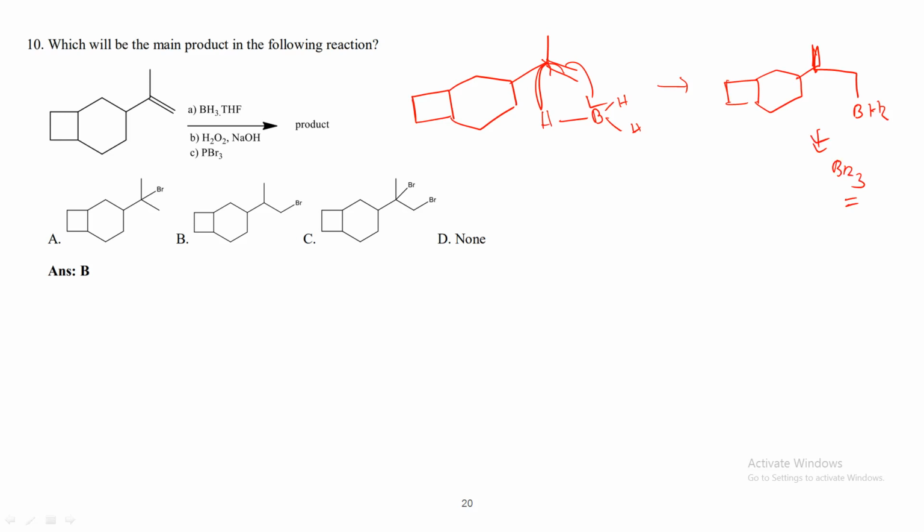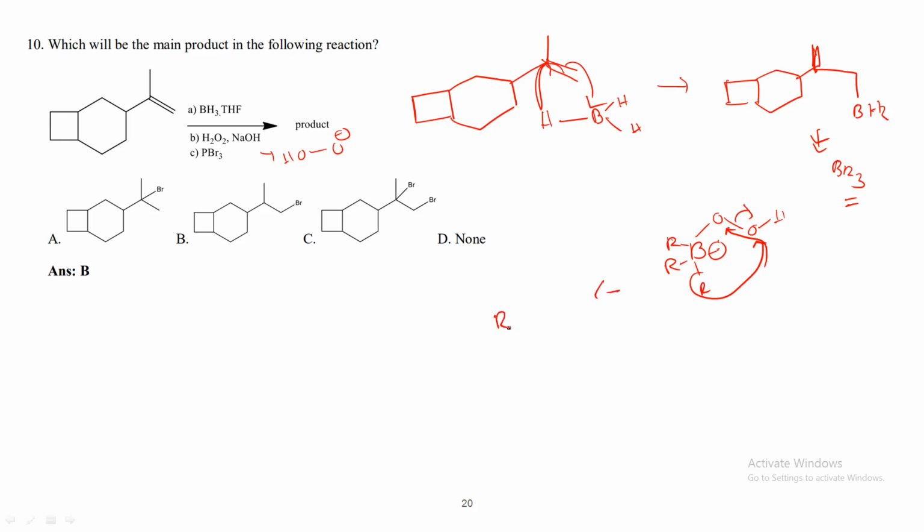So when we use H2O2 in OH with BR3, R R R, it is in this form. From here, this species is generated. So now one shifting like this happens.